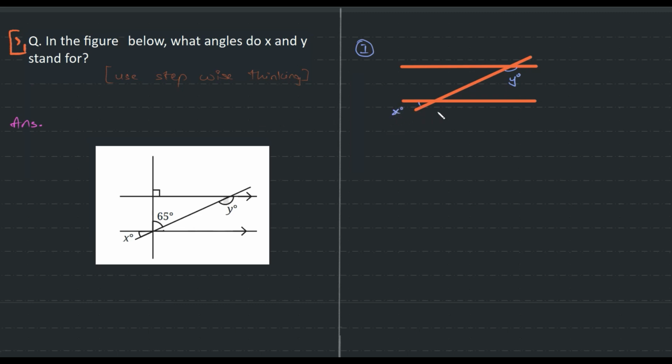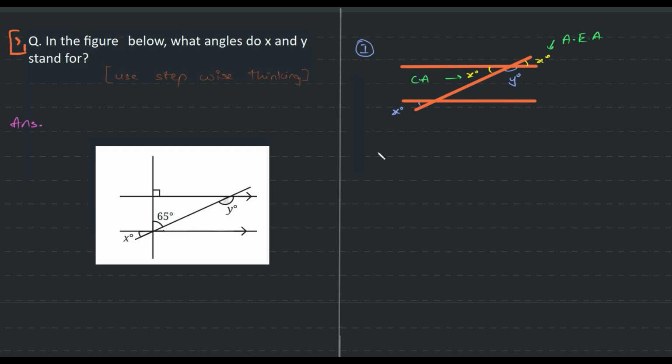Now write all the places where x and y are equal. So this would be your corresponding angle, and this would be your exterior alternative angle. Exterior angle, sorry. And this is your corresponding angle.